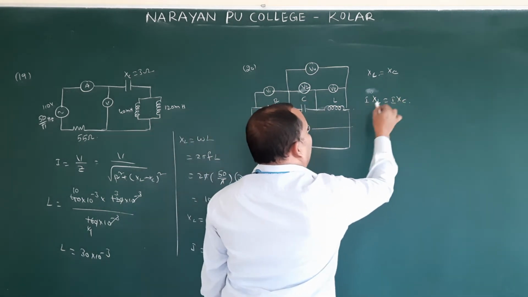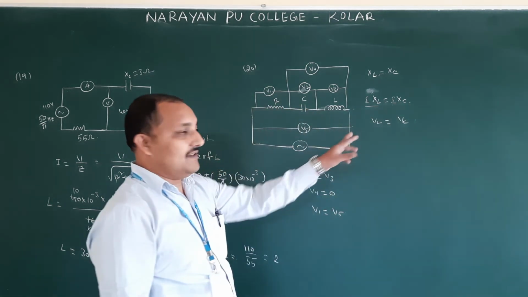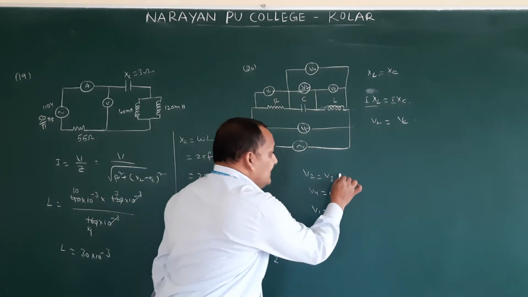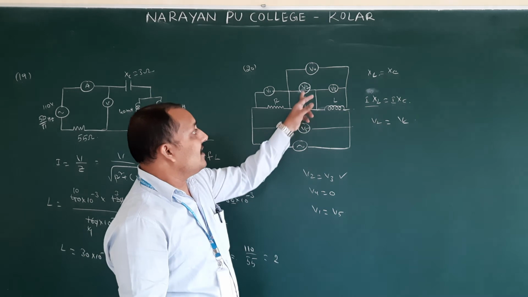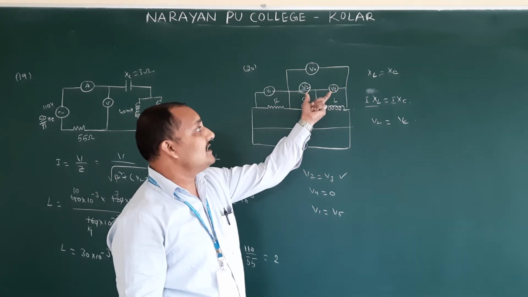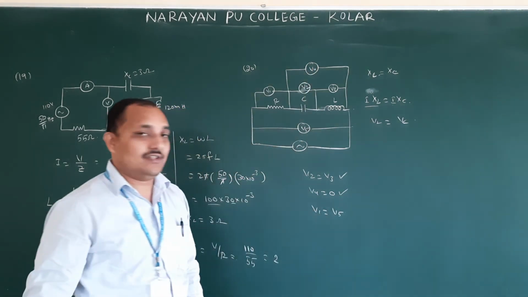I into XL is nothing but VL, and I into XC is nothing but VC. VL equal to VC means V2 equal to V3. Therefore, this is correct. Then what is the resultant voltage across this one? Both are the same, so the resultant voltage is 0. Therefore, V4 is 0. This is also correct.